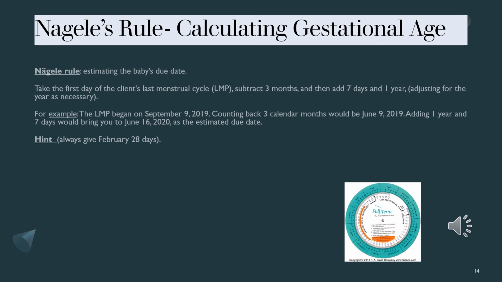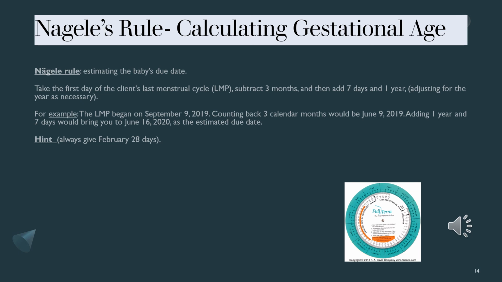You're going to take the first day of your patient's last menstrual period, subtract 3 months, and then add 7 days and a year. For this example, you've got September 9, 2019 as your last menstrual period.